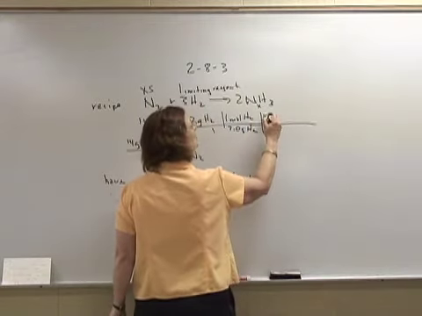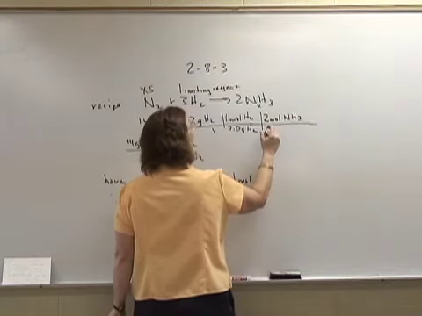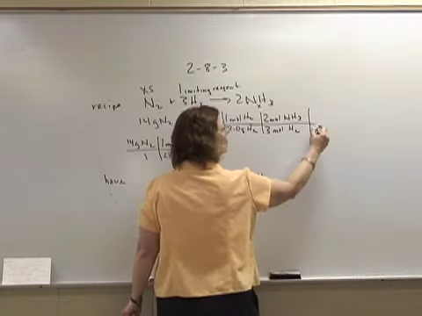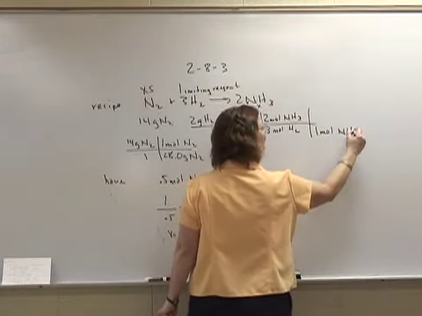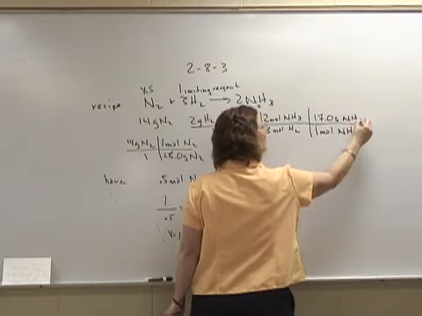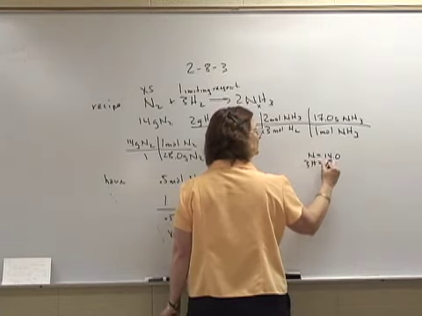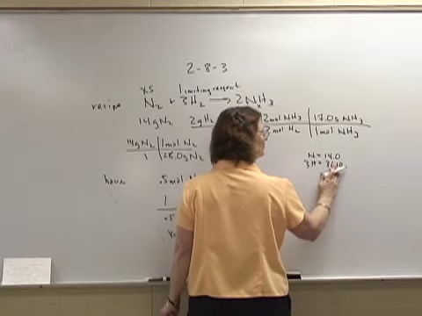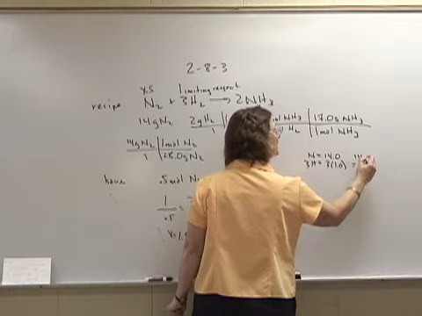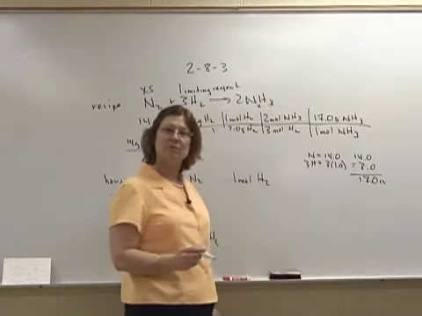And then I would have 2 moles of ammonia is 3 moles of hydrogen, and 1 mole of ammonia is 17.0 grams of ammonia, because nitrogen is 14.0 and there are 3 hydrogens. 3 times 1.0 is 3, and 14 gives me the 17.0 grams per mole.